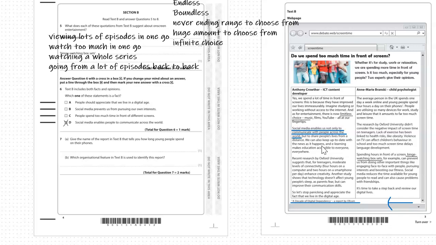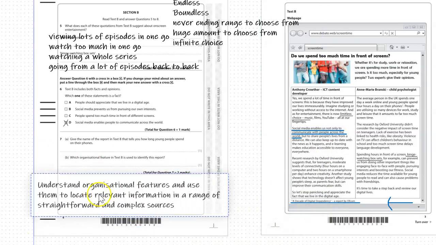7. A. Give the names of the report in text B that tells you how long young people spend on their phones. B, which organisation feature in text B is used to identify this report? So again, this is the concept of organisational features which we come across.